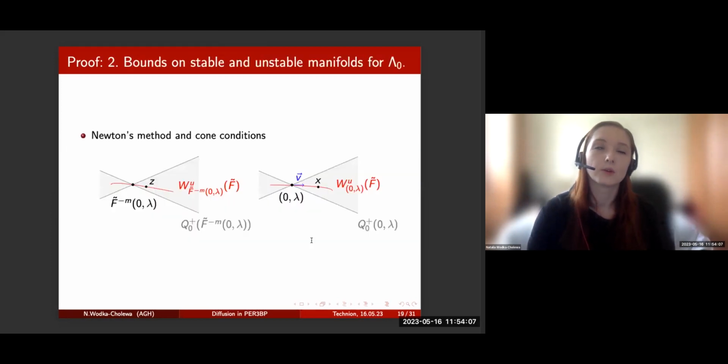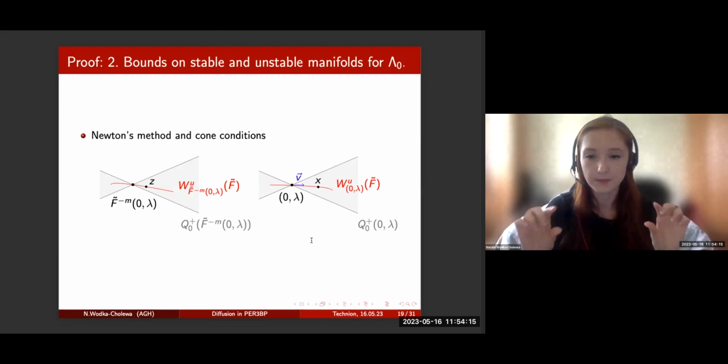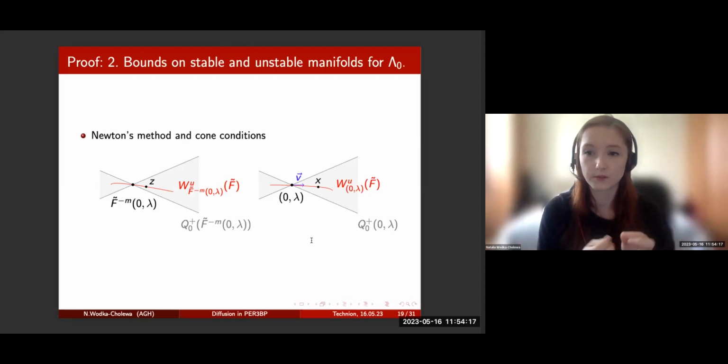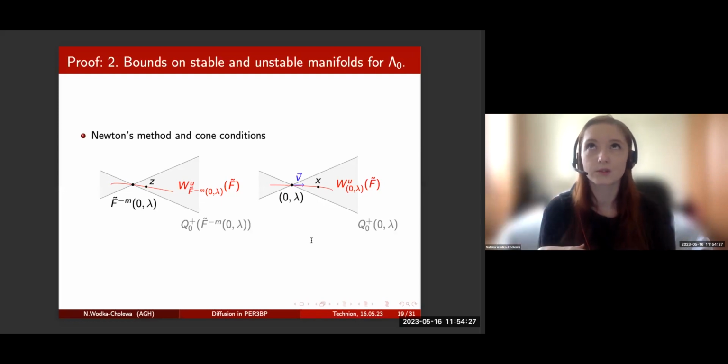Okay, so if you want to find some bounds on stable and unstable manifold, use also Newton's method. So you will be taking some interval and doing something with this and trying to find out if it's inside the previous interval, but use also cone conditions. Why? Because if you want to have the direction in which goes the stable or unstable manifold, you will have cones.